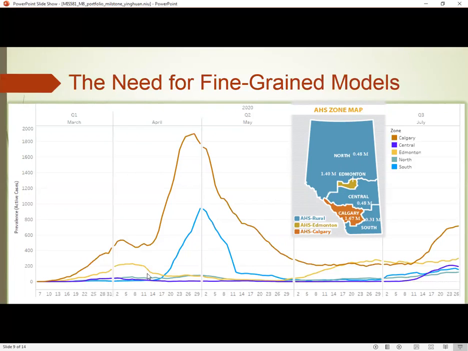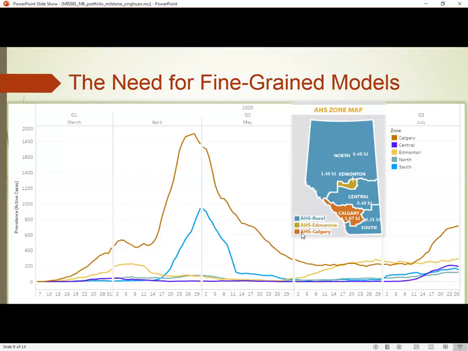While Edmonton, the light yellow here, has a similar population as Calgary, it only had a maximum of less than 300 active cases that happened recently. In the South Zone, in this blue color, there were clearly outbreaks at the beginning of May.